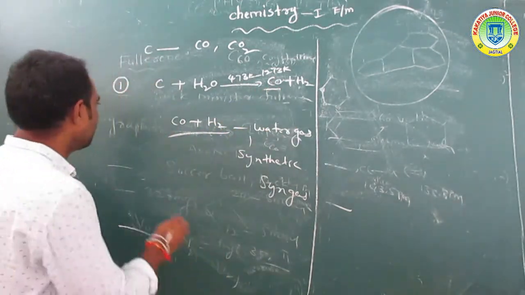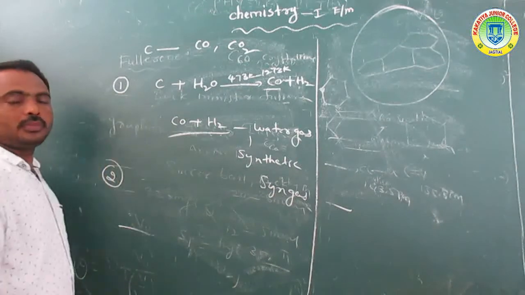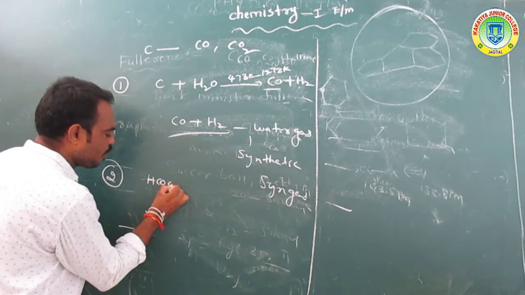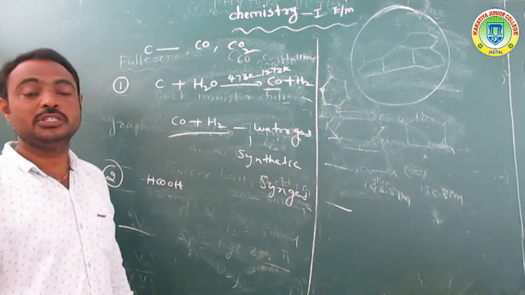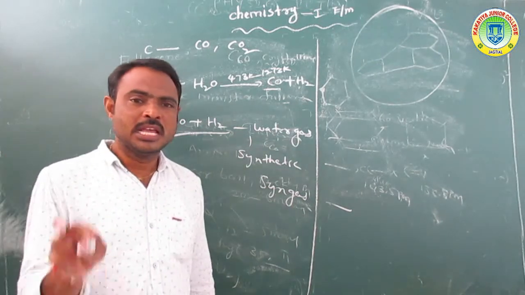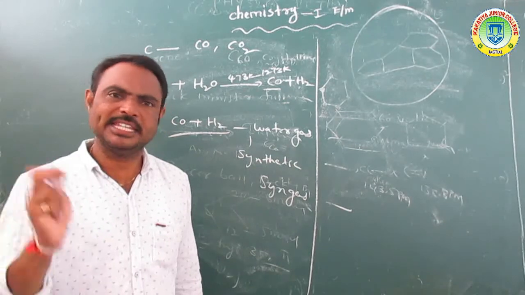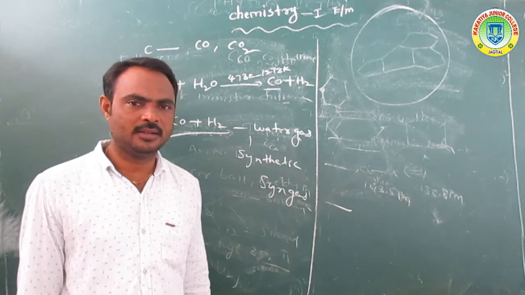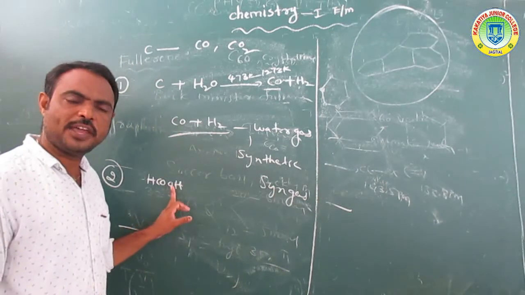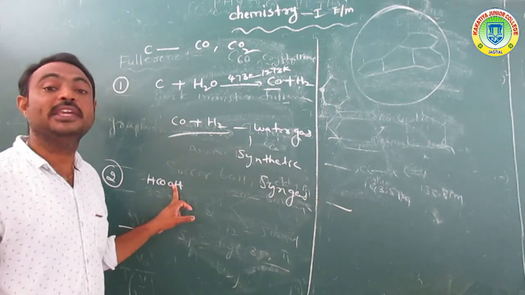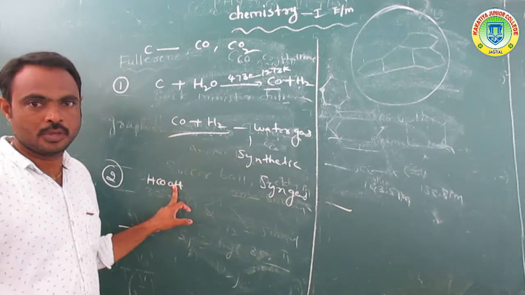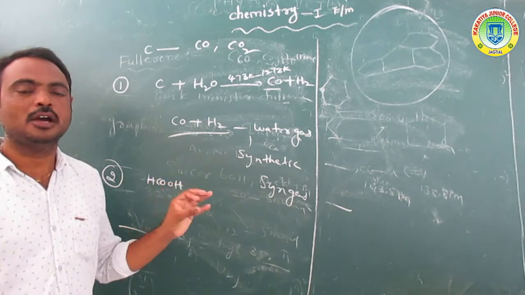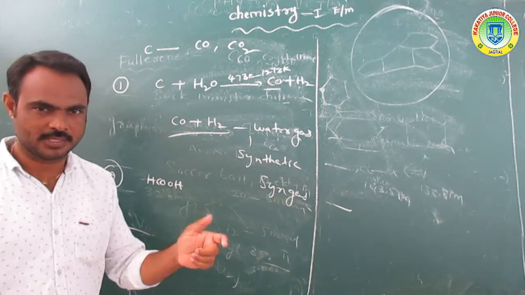Okay, so next preparation. Suppose, for example, you have taken HCOOH. COOH means acid. So what is the name of HCOOH? Formic acid. This formic acid is produced from ants.